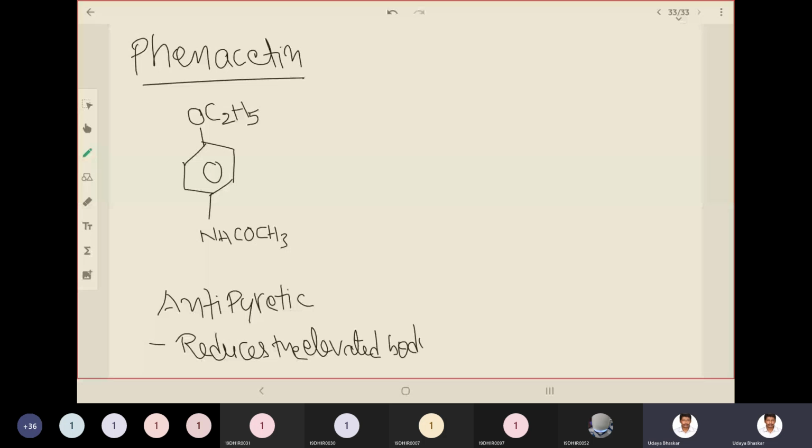You should write carefully what antipyretic means: any drug or substance which reduces the elevated body temperature, not body temperature. That means if you take that tablet and you don't have fever, your body temperature will not go below 37 degrees centigrade.